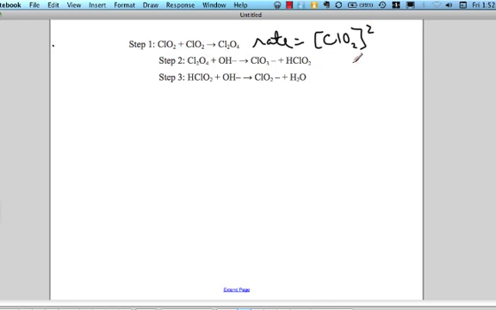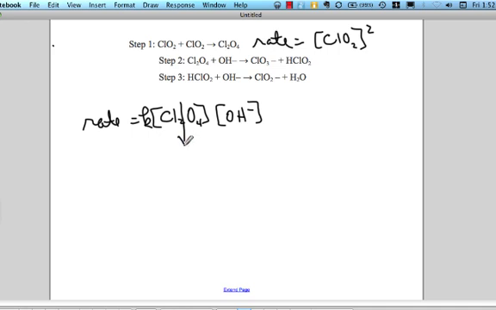Writing the rate law for the second step, rate is equal to Cl2O4, which is an intermediate, so we're going to have to do some substituting, but my OH minus does come in and it has the right stoichiometry. I need to replace this with what it is equal to, so I go up to the step where it is produced, and I say that the concentration of Cl2O4 is equal to this.